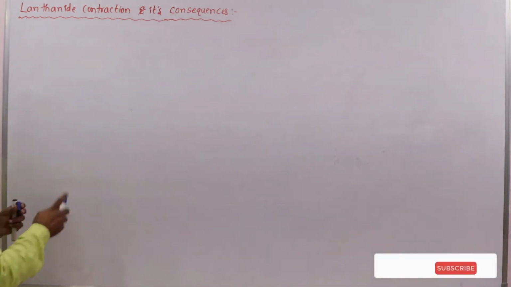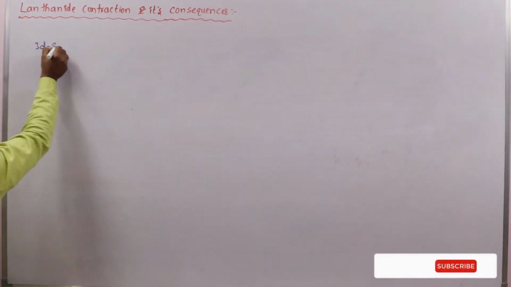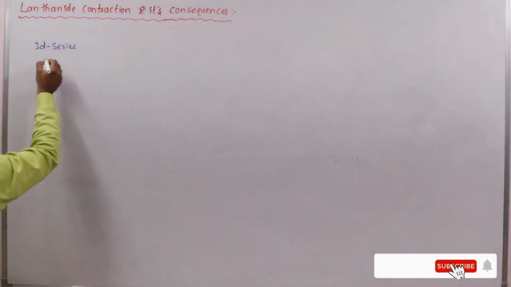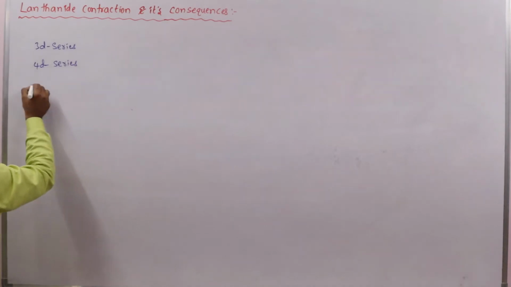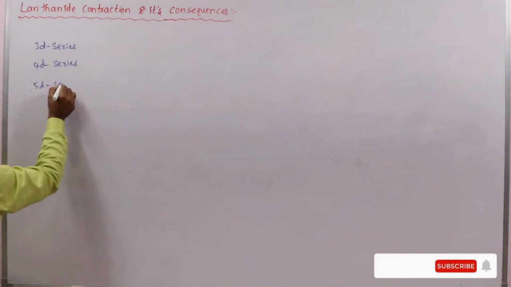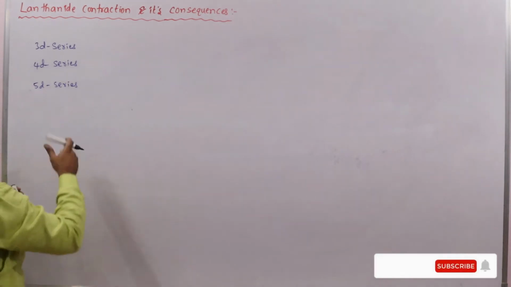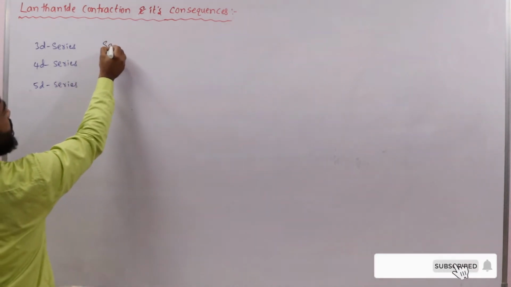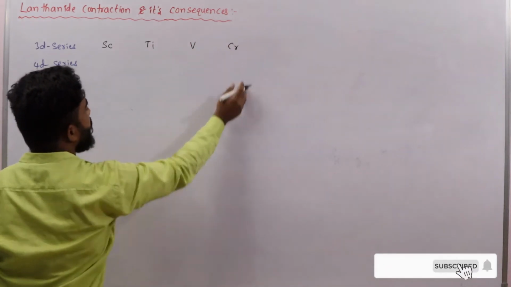For example, here I am taking 3D series elements, 4D series elements, and 5D series elements. From the 3D series: scandium, titanium, vanadium, and chromium.